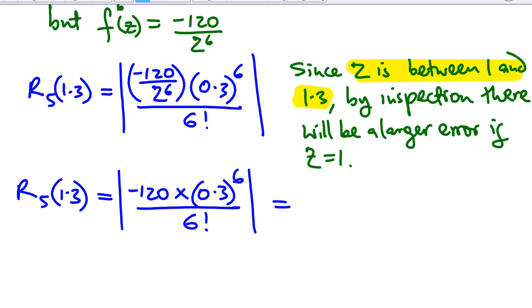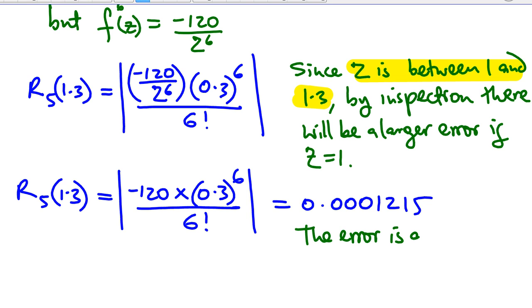If you work out the value of that, you'll end up with 0.0001215. So the error is at most this value.